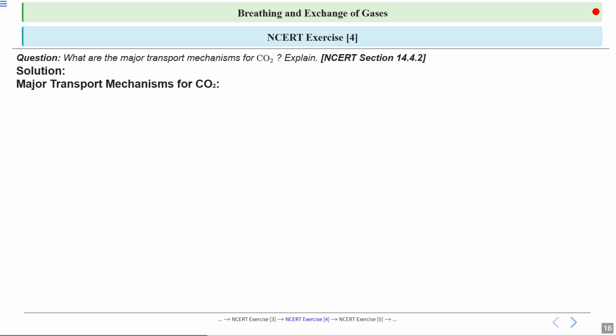Major transport mechanism for carbon dioxide. Now let us see what are the different major transport mechanisms for carbon dioxide. The first one is here. Dissolved in plasma. So some part of the carbon dioxide which is produced in the tissue after the many activities, that produces the carbon dioxide.